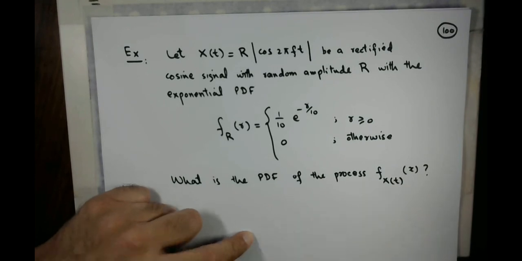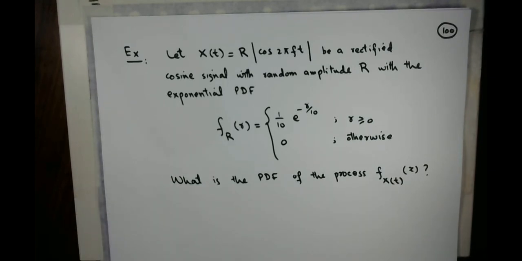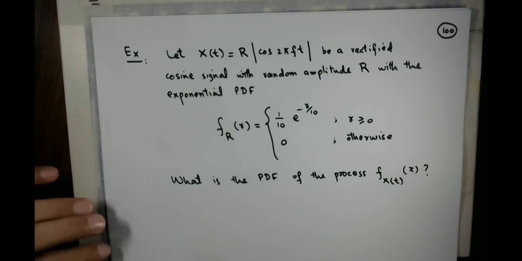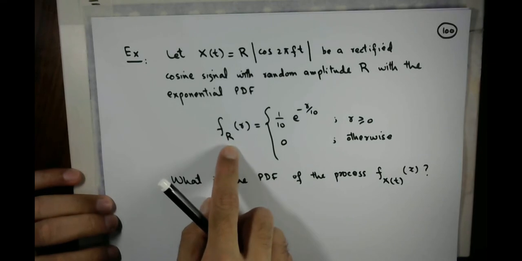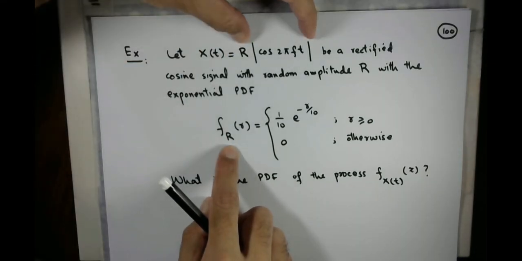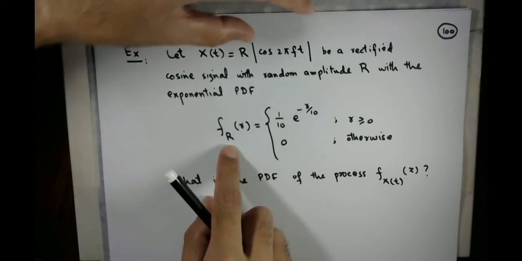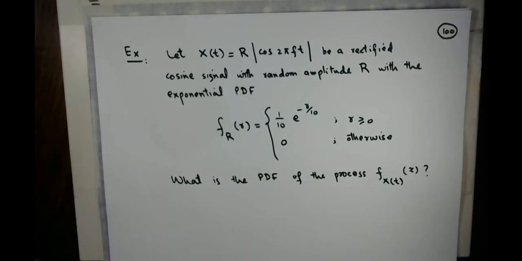So this is the notational difference here. How to find the PDF of the process when you are given the PDF of the inherent random variable in the process? So let me approach this and solve this.